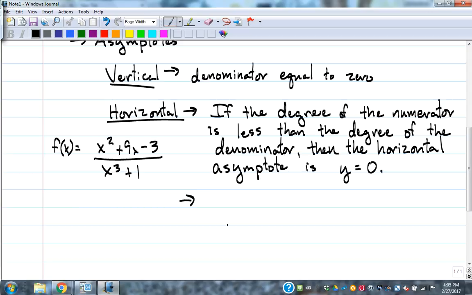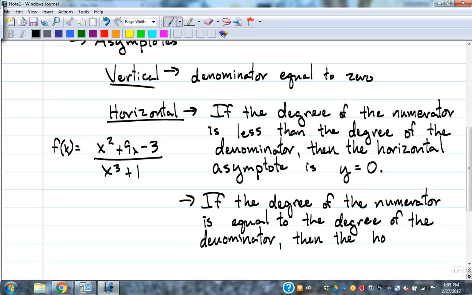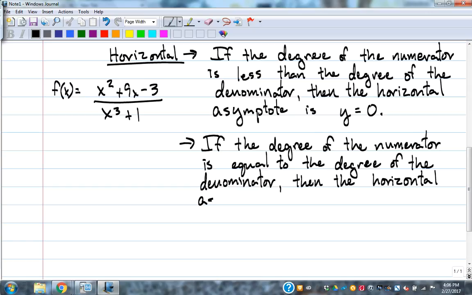Next occurrence of a horizontal asymptote is if the degree of the numerator is equal to the degree of the denominator, then the horizontal asymptote is at y equals a over b.